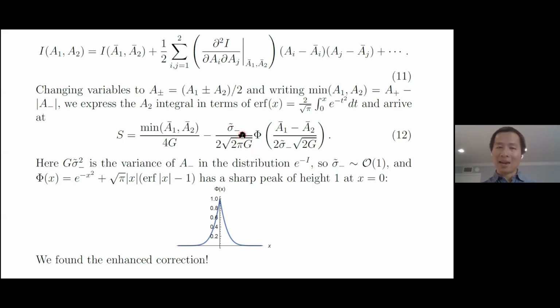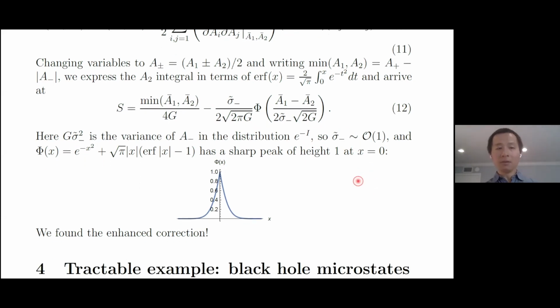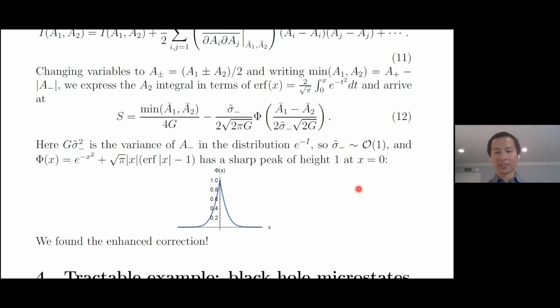Here, sigma minus tilde is something that is related to the variance of A minus in the distribution e to the minus I. In particular, we have defined the variance in a way to extract the prefactor g. So sigma tilde is of order 1. So we found the enhanced correction.